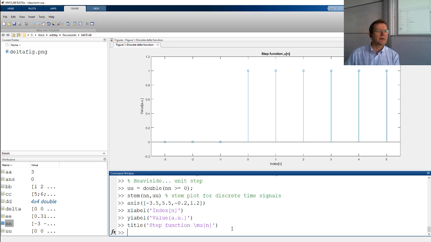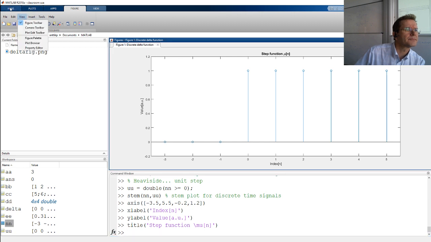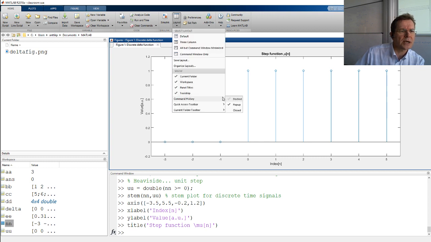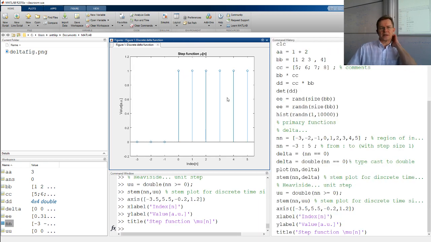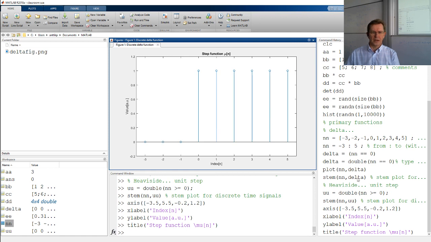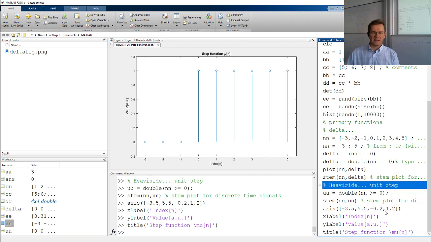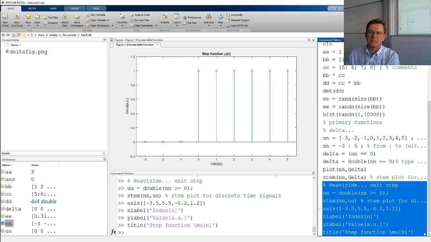By the way, I'll show you something. Something is missing here. No, home. Where's the Windows? Layout. I want actually the docked command history. So all of the commands you do are going to command history. And if you then write some code that you want to save, for example, that Heaviside, you just paint that part.